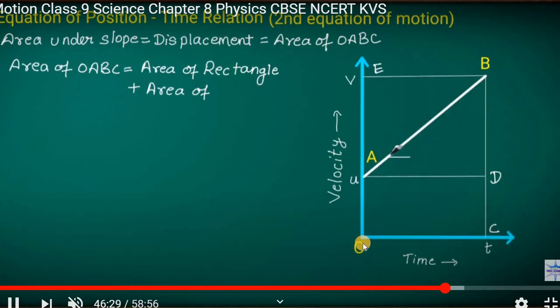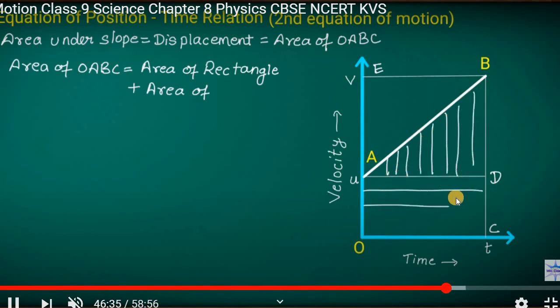So we have to find out all these things. It is made up of two parts: one is a triangle and the other part is a rectangle. So if we want to find the area of OABC, then we have to add this triangle area plus this rectangle area.